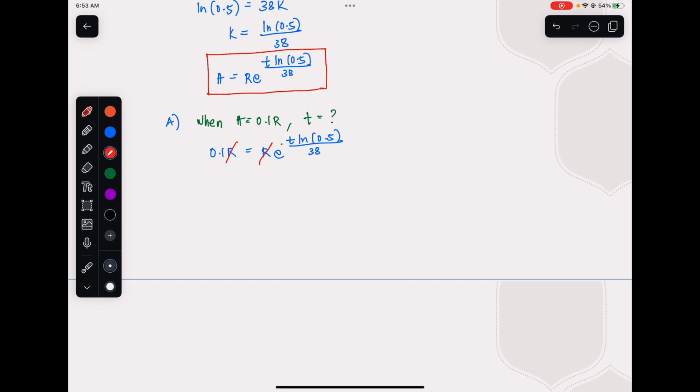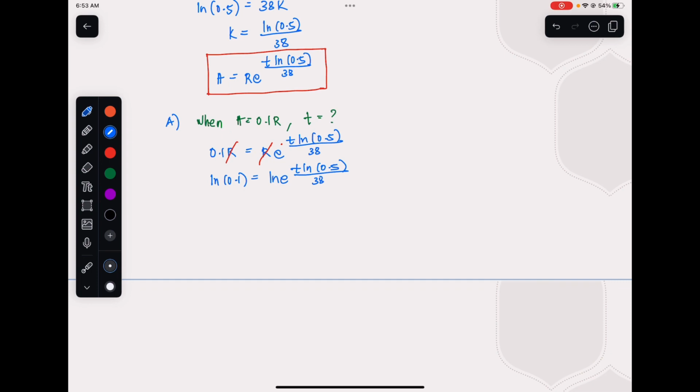We cancel out R, and then we can take the logarithm of both sides. So ln of 0.1 is equal to ln of e raised to T ln of 0.5 divided by 38.